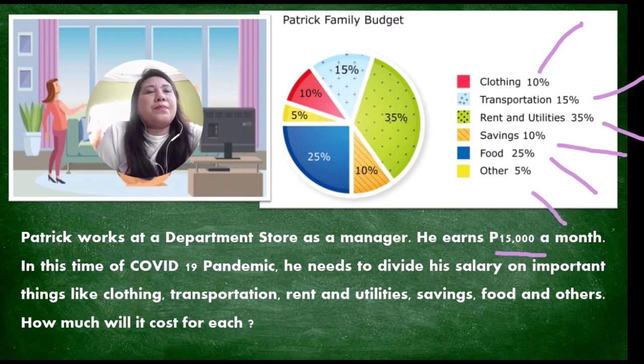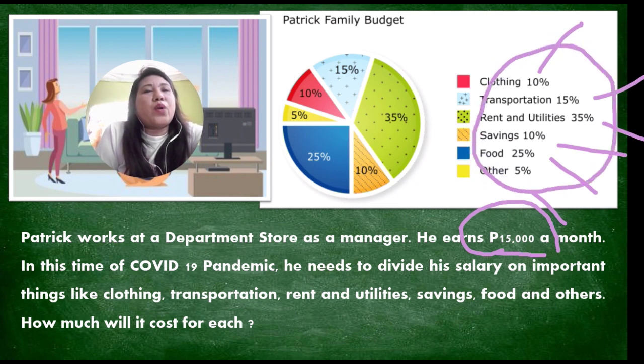What is given in the problem are the base and the rate. So we are going to find for what? Very good. We are going to find for the percentage. Why percentage? Because given are base, which is equal to 15,000, and there are so many rates to find out.